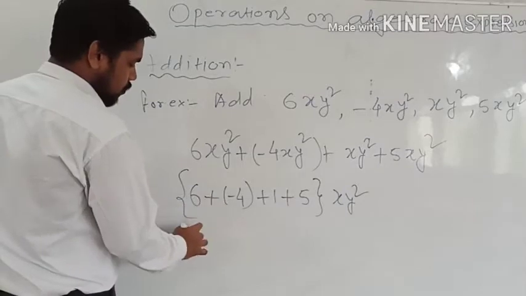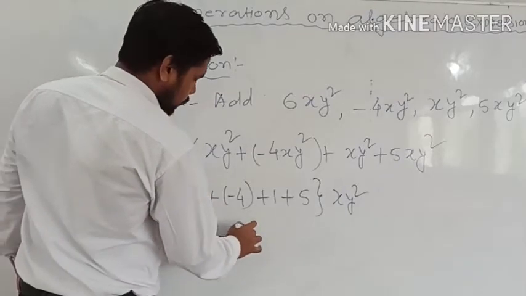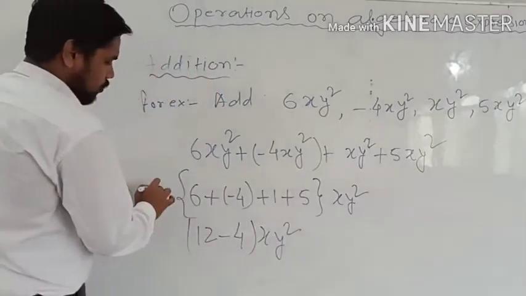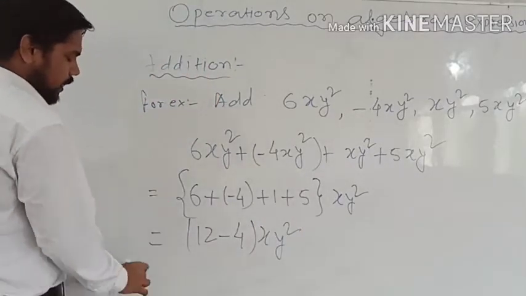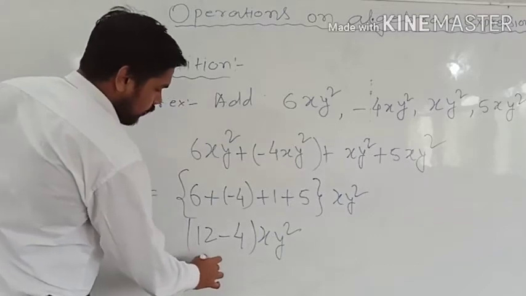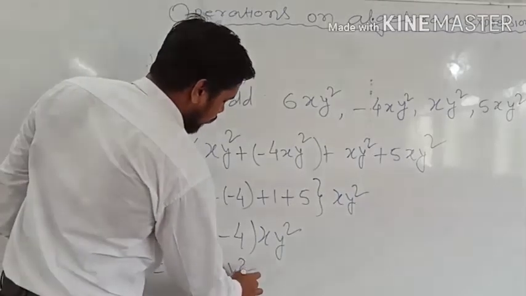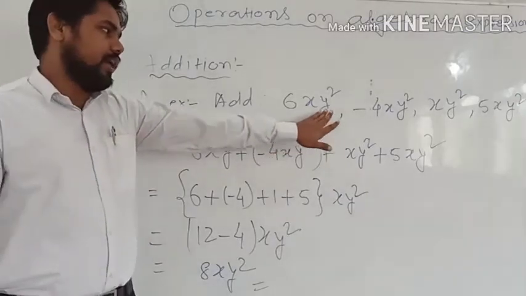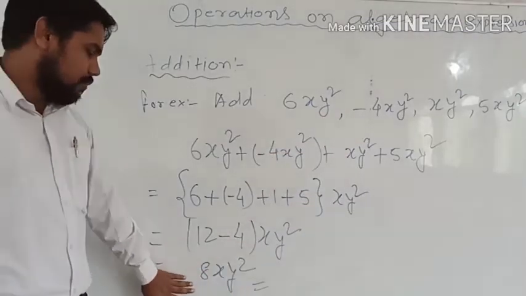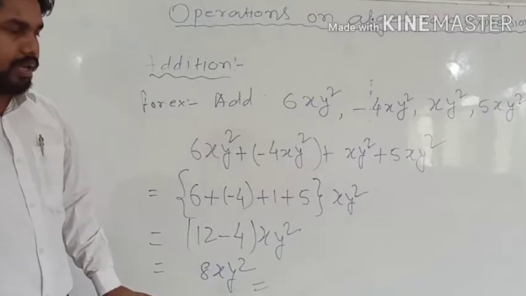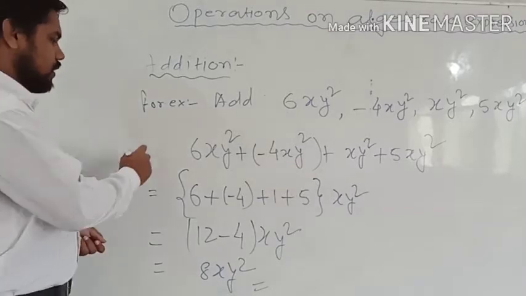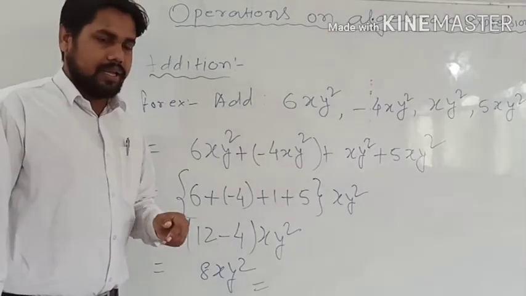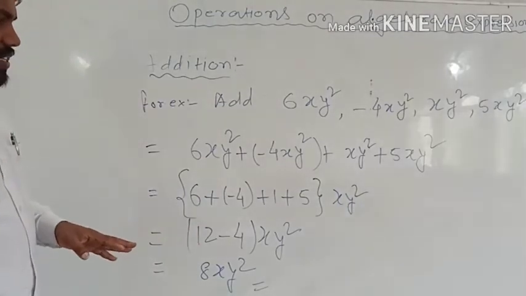So we have 12 minus 4 and xy square. 12 minus 4 is equal to how much? 8. So 8xy square will be the required answer. If you add these all terms, the answer will come 8xy square. This is the required answer of this sum. This is how you can add any algebraic expressions if given.